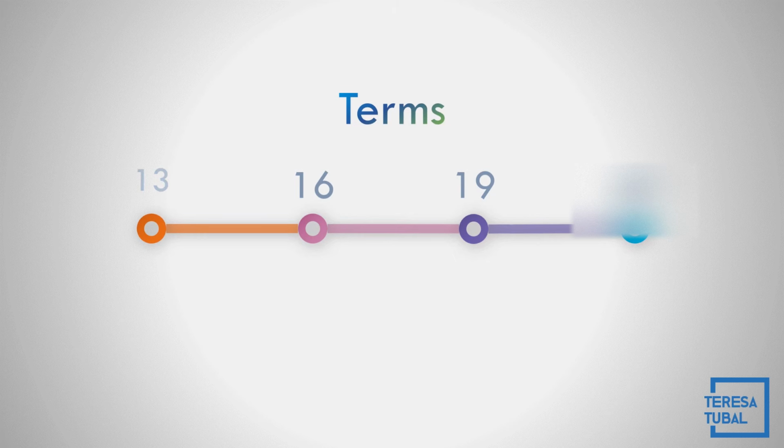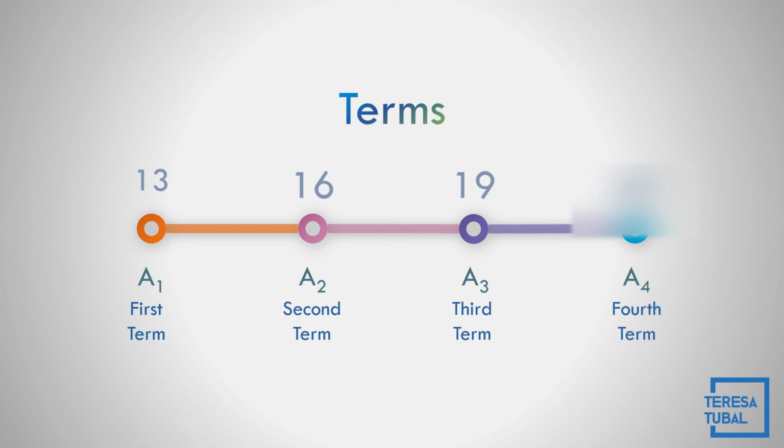So the first term is 13, 16 is the second term, 19 is the third term, and 21 is the fourth term. It means 13, 16, 19, and 21, we have 4 terms.